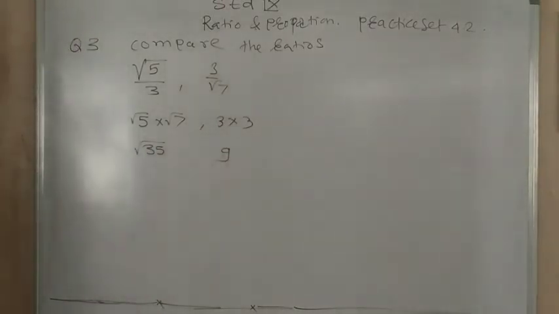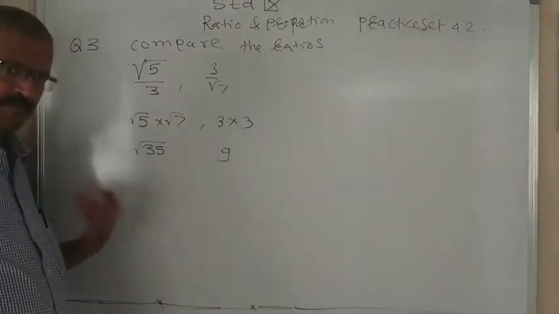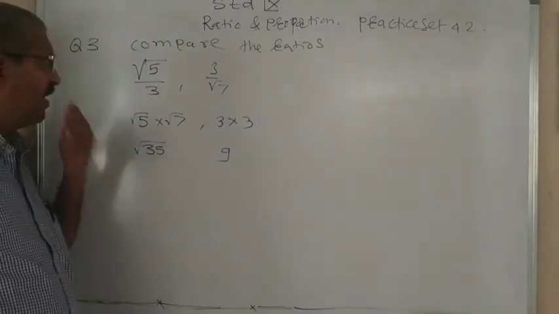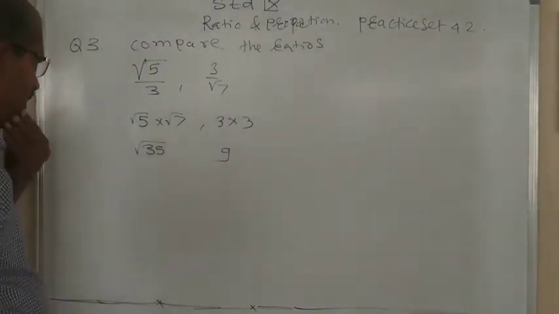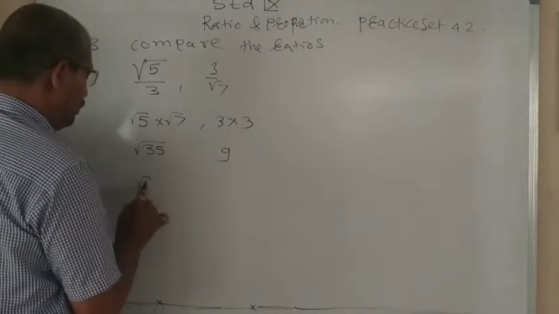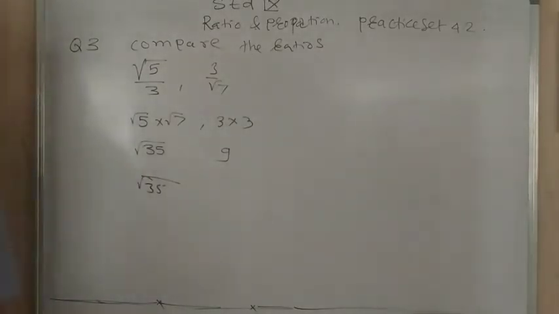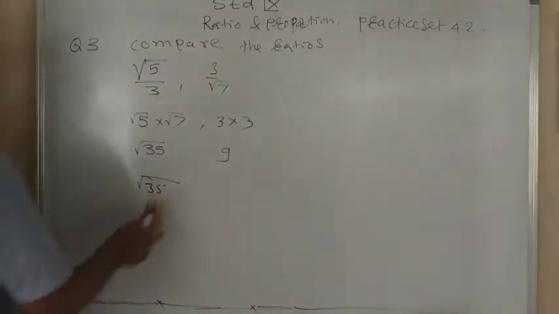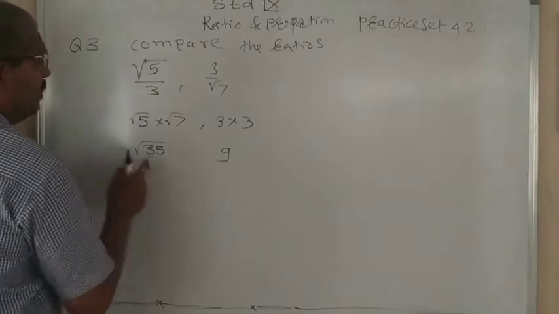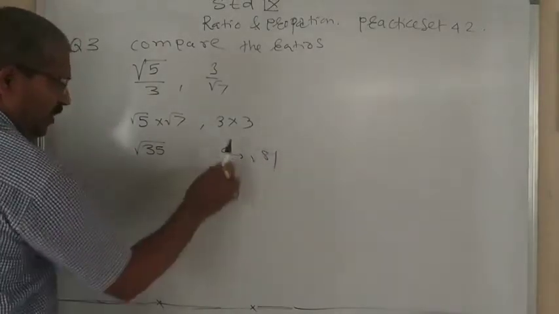Now, what will happen? We have to find the square root of 35. Otherwise, here is another thing: you should put this 9 into square root form, root 81.